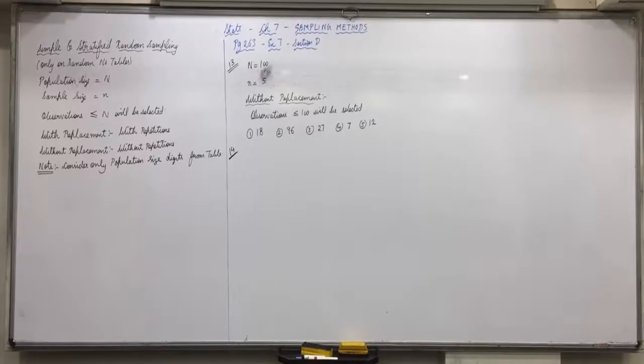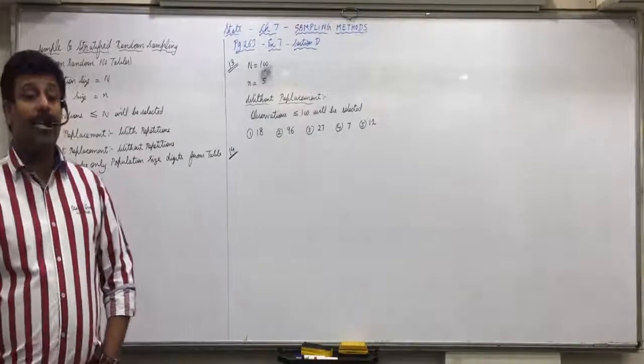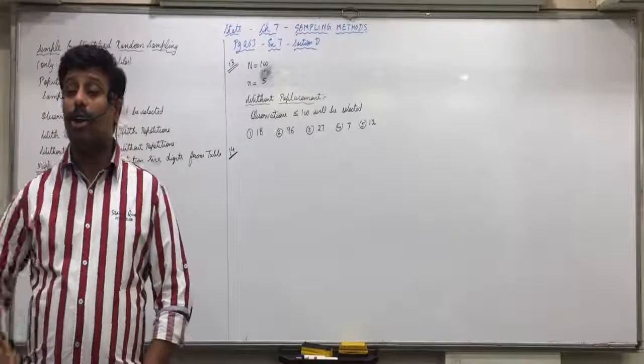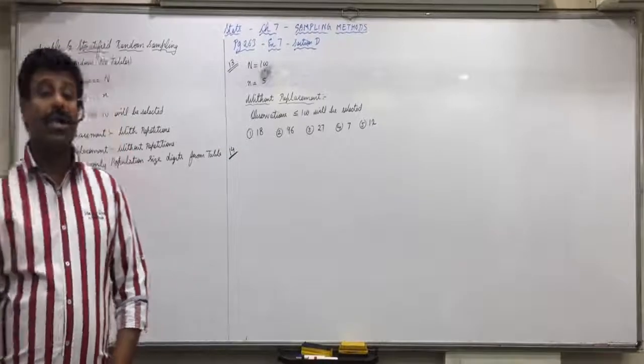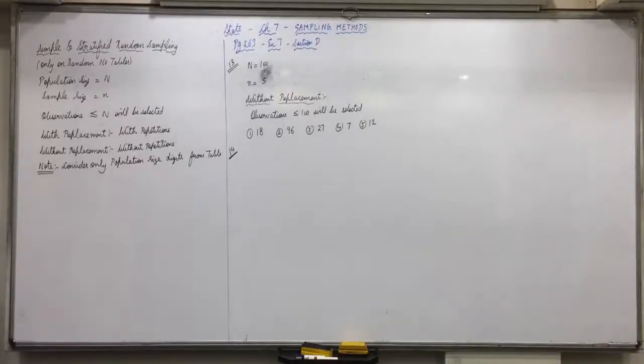Using the following random numbers. First of all, underline 70 and write it as a 2-digit number. Is our population size 70 a 2-digit number or not? Yes. But the numbers which are given to you are 3-digit numbers. So we will take only the first 2 digits into consideration.